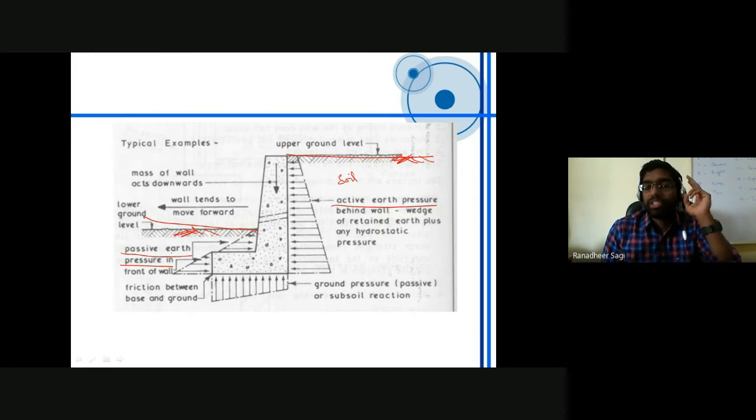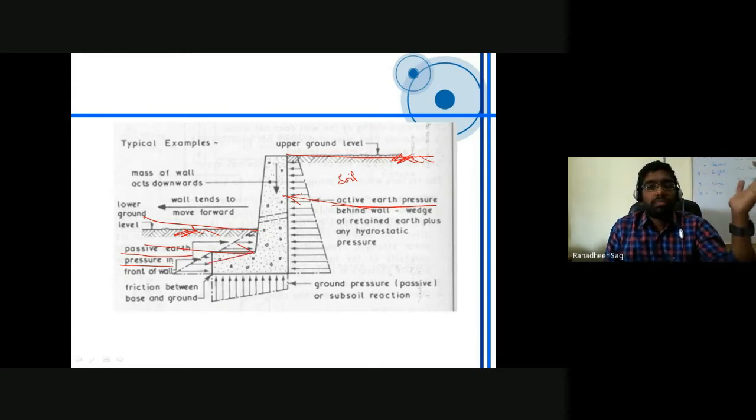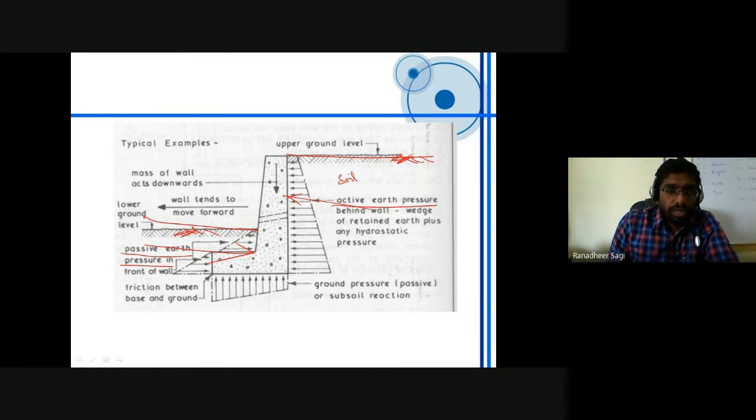So as a designer, I should have in mind that from this side you have an active earth pressure resultant thrust force coming on the retaining wall. From this side, you have a passive resultant thrust force coming from the soil on the retaining wall, and from the bottom also, because ultimately through this retaining structure the complete load is getting transferred onto the bottom layers or sub layers of your soil strata.